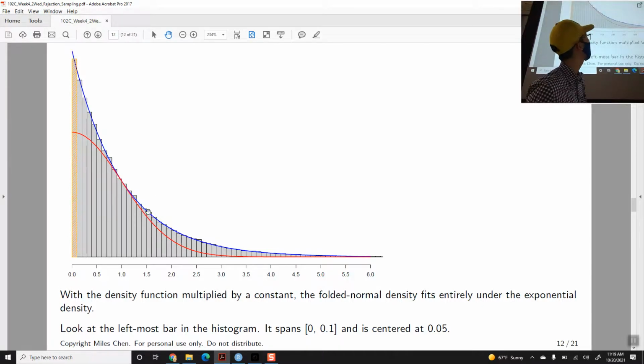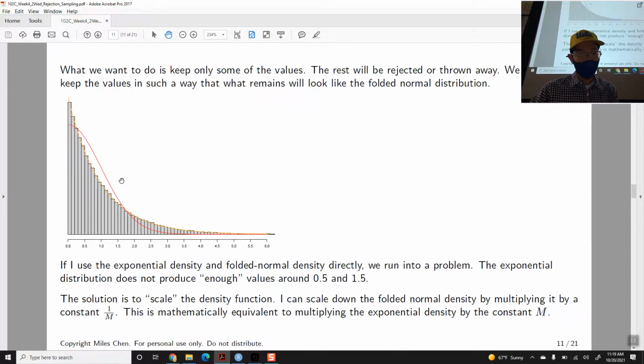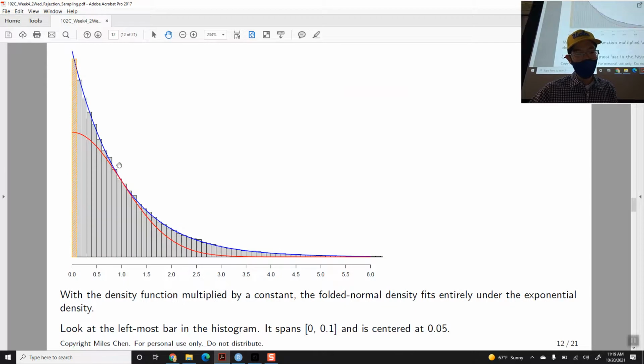Now there's no region where the red line is taller than the blue line. We found it by taking that spot at x equal to 1, which is where the ratio between the red and the orange is the greatest. That's the spot where they meet, and everywhere else there's a little bit of a difference.